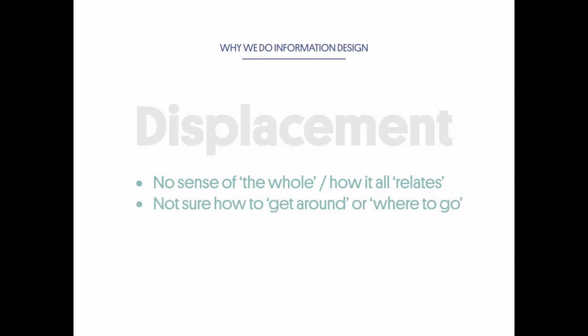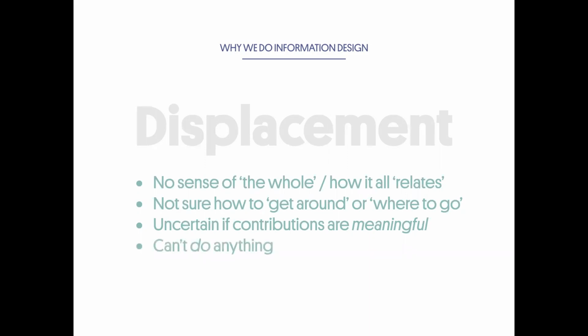And this directly corresponds to not being able to know how to get around, where to go. And uncertainty around the idea if what you're doing in the site is meaningful, or if you're doing it in the right place. In short, the feeling that you can't do anything in this space.